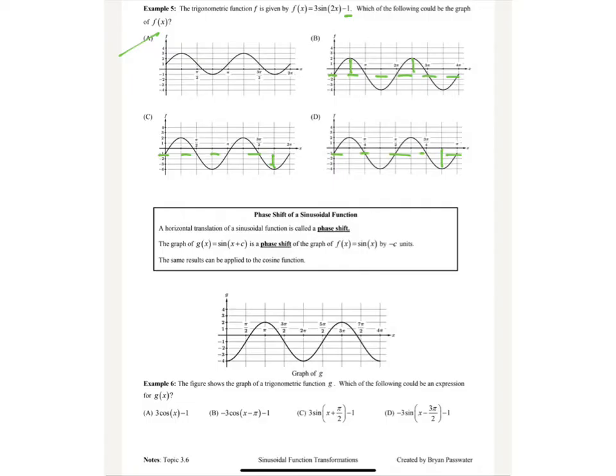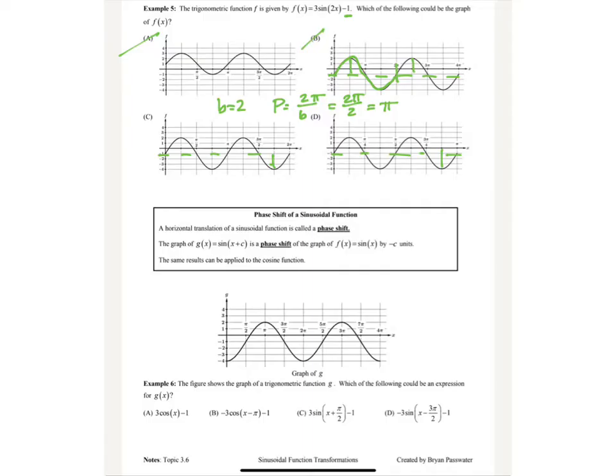Now we're looking at period. It should complete a whole cycle in how much? Pi. Now here's how we know. B equals 2. Period is 2 pi divided by B. 2 pi divided by 2 is pi, so they should complete a cycle in pi. Okay, so look at number 1. It completes a whole cycle in 2 pi.